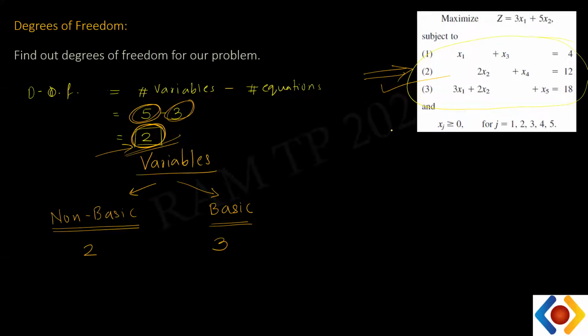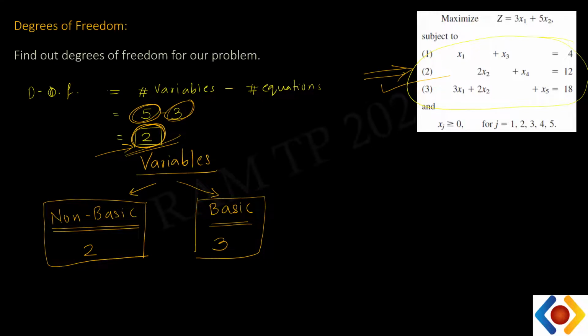The 2 variables for which I am assuming value, I'm going to call non-basic variables. And the remaining 3 variables, I'm going to call basic variables. I'm going to solve the system of equations to find the value for these 3. Are you clear about this logic?